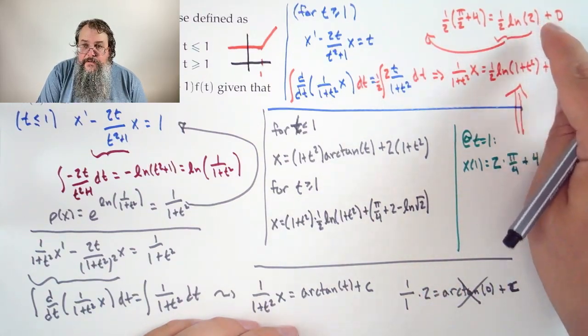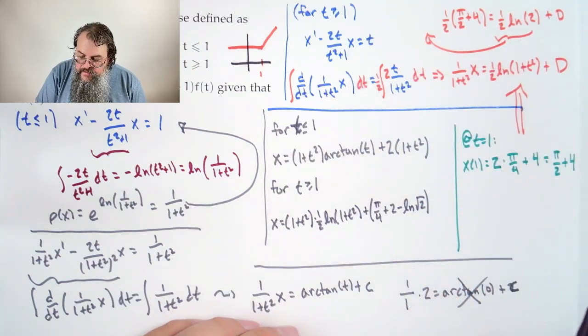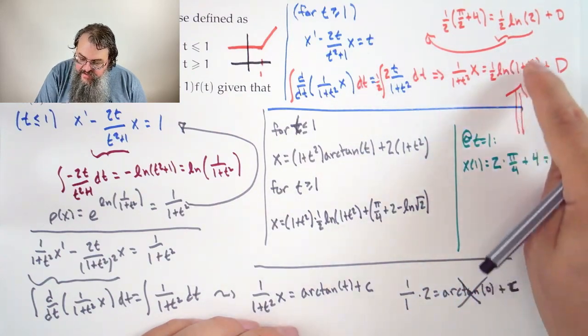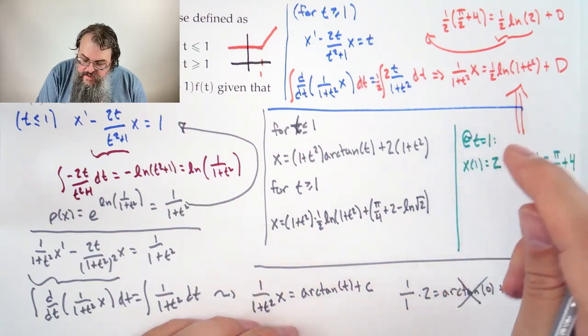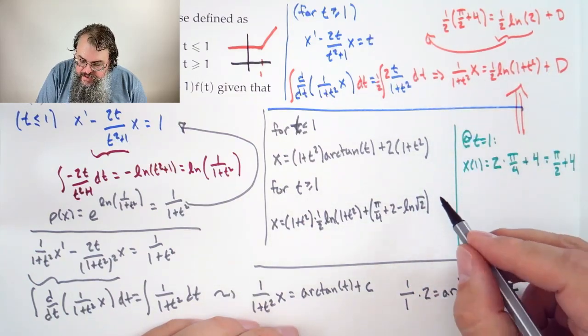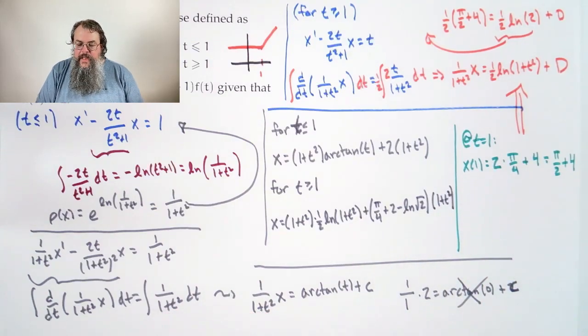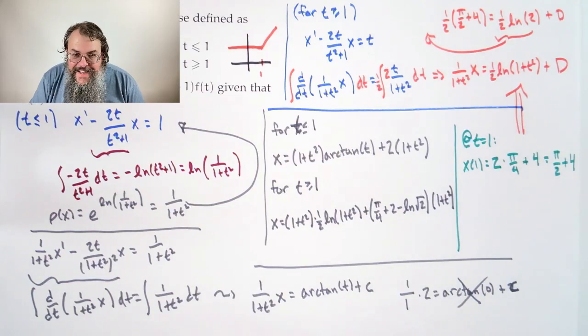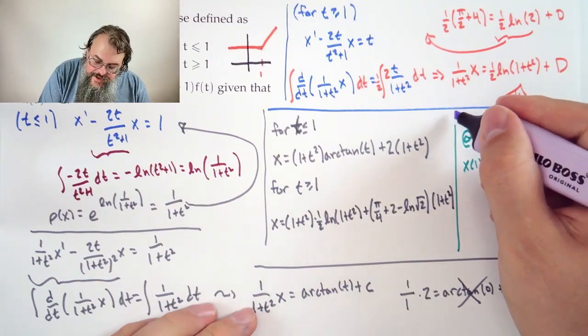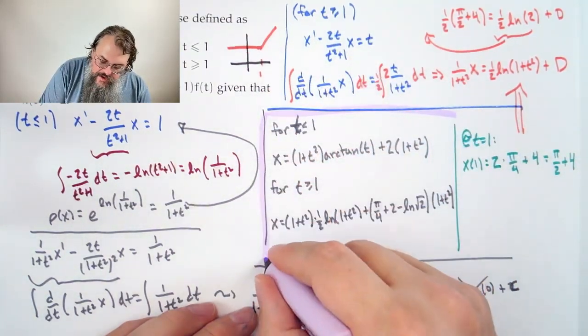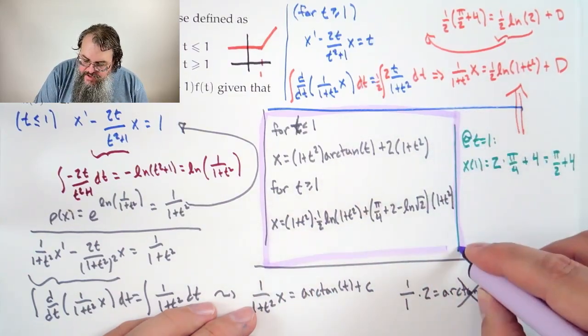This is 1/2, and then it comes across as a minus. That's the value d, and then don't forget that you're multiplying that by 1 plus t squared. And there we go. That's the answer.